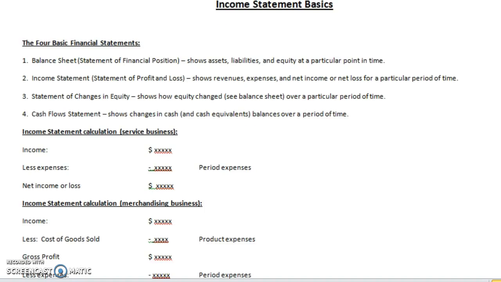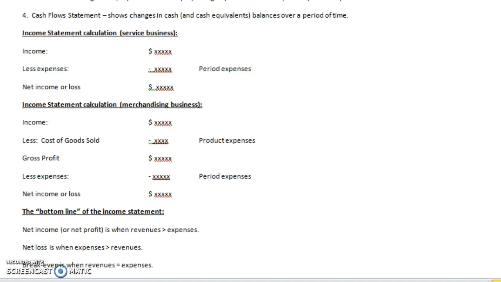Okay, let's look at a merchandising business. We're selling a product. We're selling stuff. So what we've got to do is take our income from the sales of the product and take away the product expenses, the cost of what we sold. Now that section is called the cost of goods sold or the cost of sales section. That's not what we bought for resale.